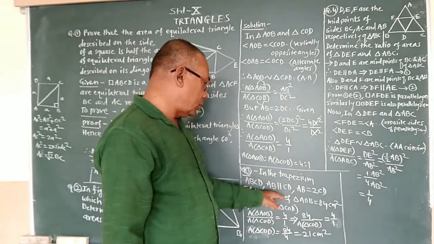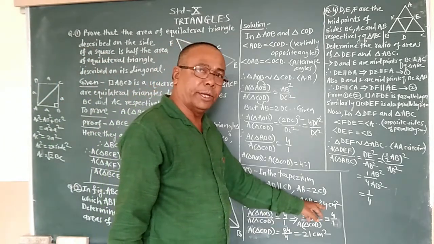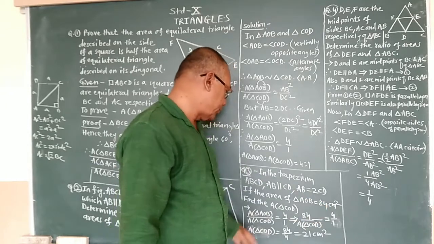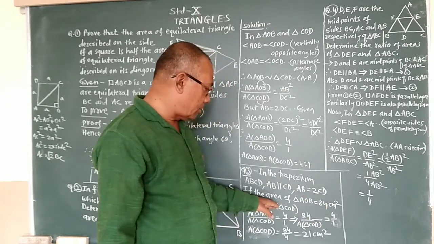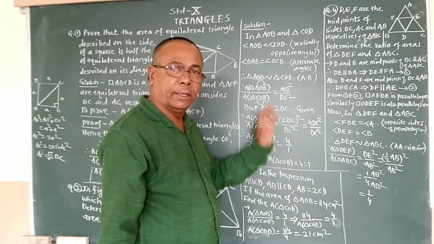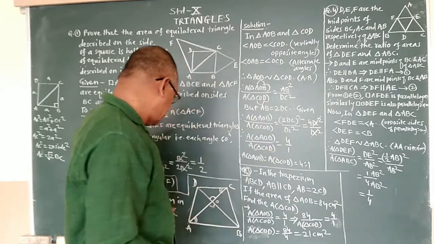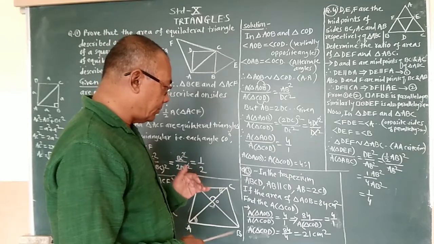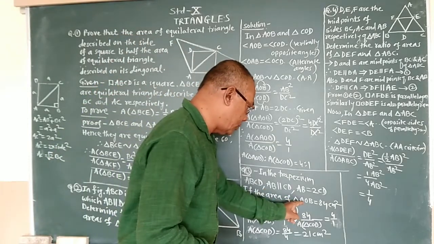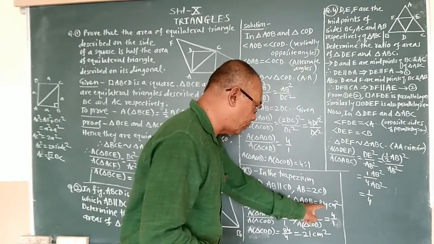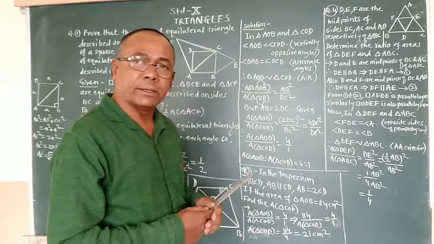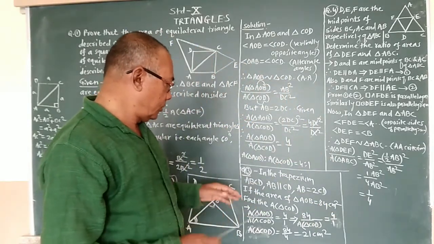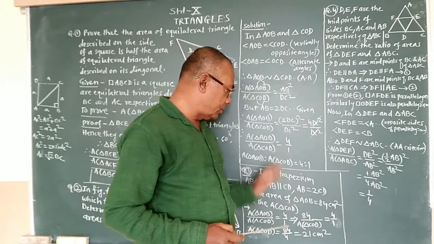And if the area of triangle AOB is equal to 84 centimeter square, find the area of triangle COD. Only the information is given that area of triangle AOB is equal to 84 centimeter square.